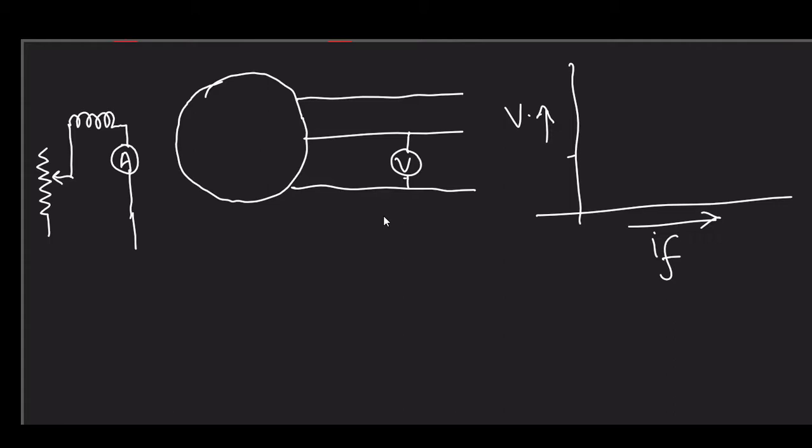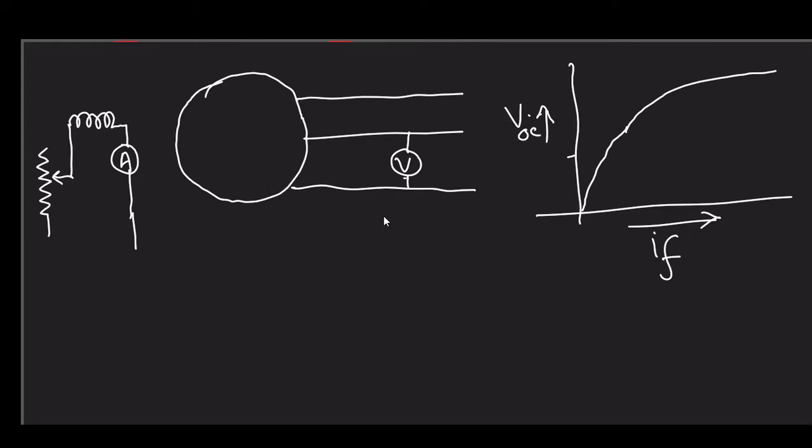Generally, what we get, which is quite well known to us, is a characteristic curve like this. After a certain region in which it behaves linearly, gradually it becomes nonlinear.